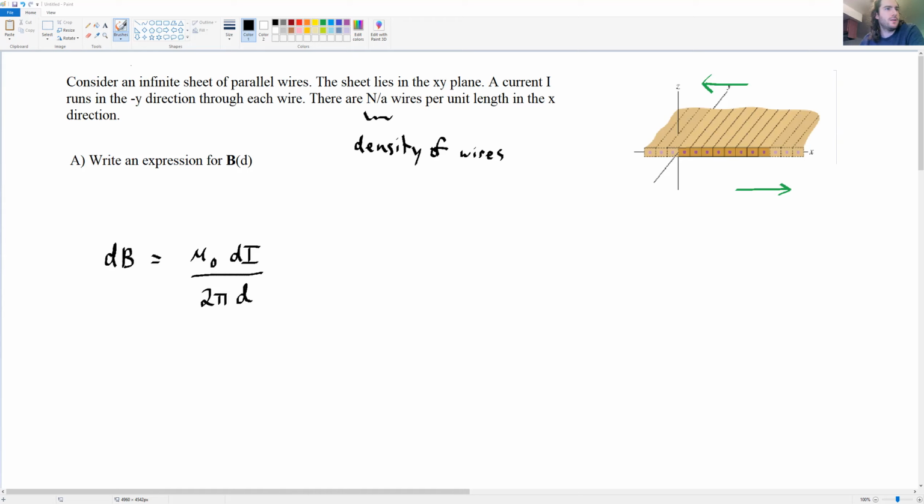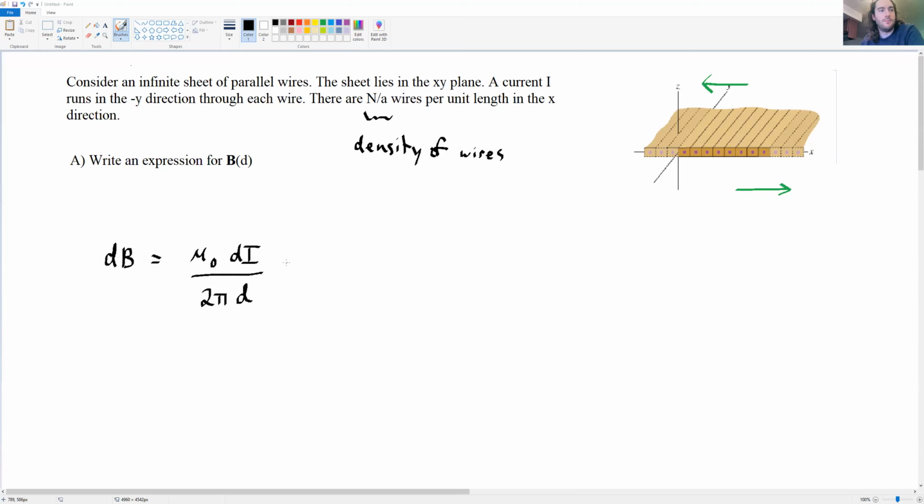So they say that the total current I is running in the minus y direction. So when we fully integrate this thing, the total amount of current that we'll have is equal to I.